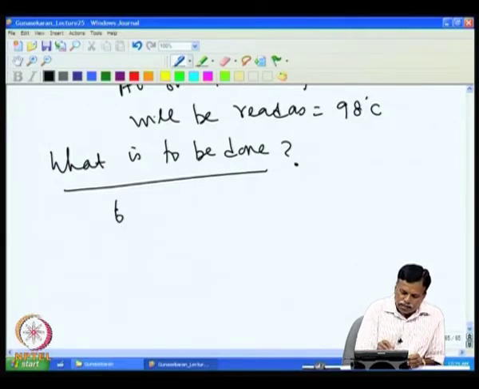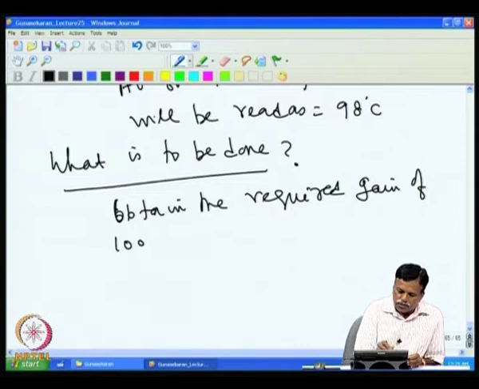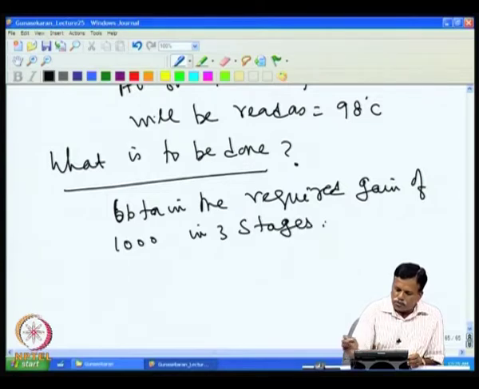Obtain the required gain of 1000 in 3 stages, instead of in one single stage.